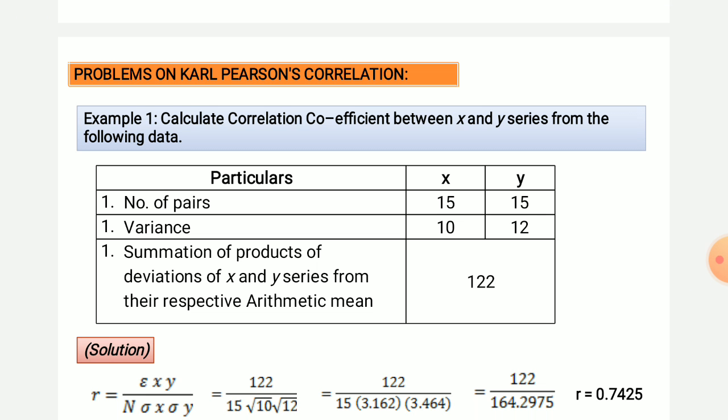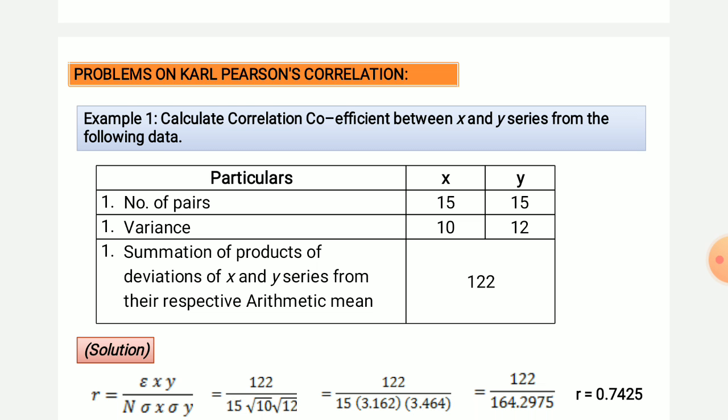Here the first problem: calculate the correlation coefficient between x and y series from the following data. This is different from the last two sessions' problems.